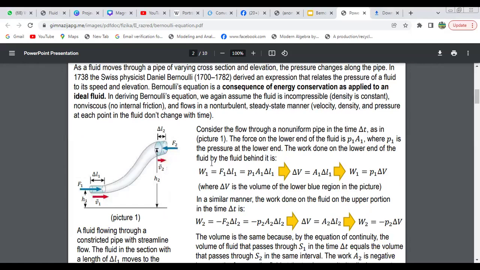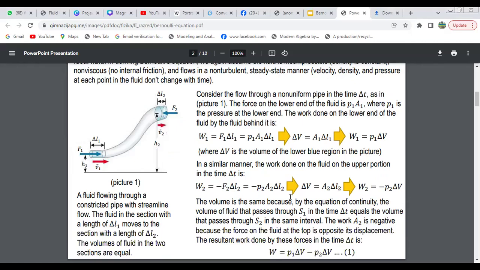So the work done will be force F1 times del L1. So F1 equals P1 A1, and del V equals A1 del L1. That means the work done for the first part will be P1 del V. Here del V is the volume of the lower blue region in the picture.